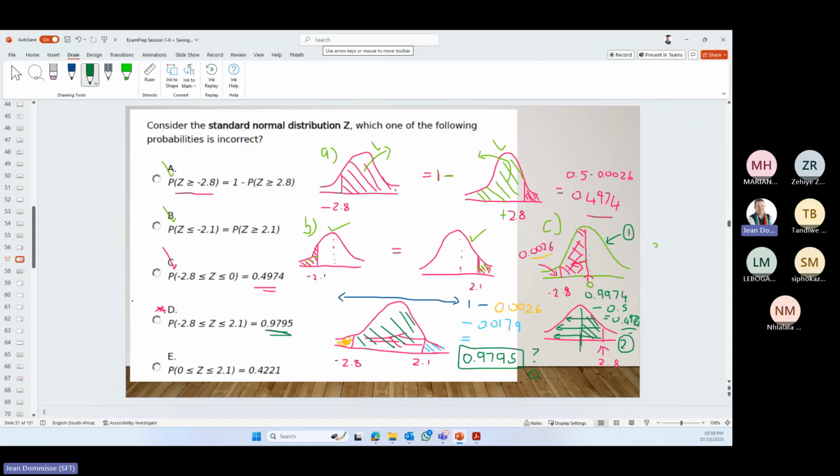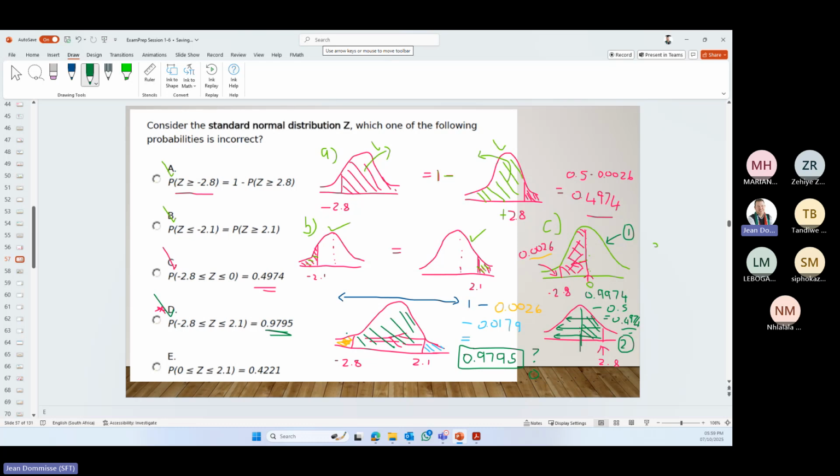Okay, so it took a bit of time, but for me it's easier to do it this way, to say we know the whole area underneath a normal curve is always equal to 1.